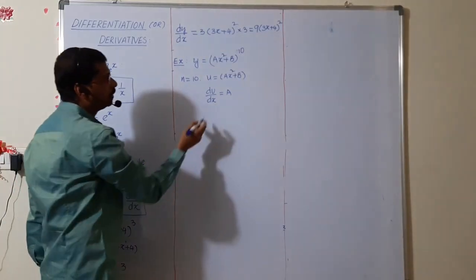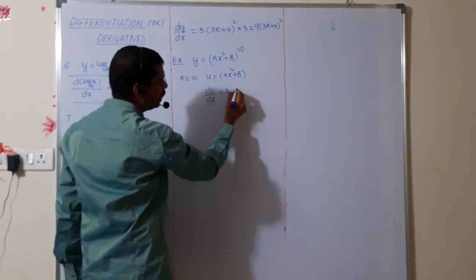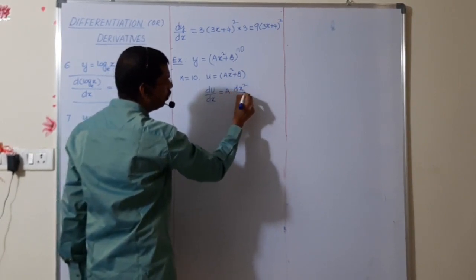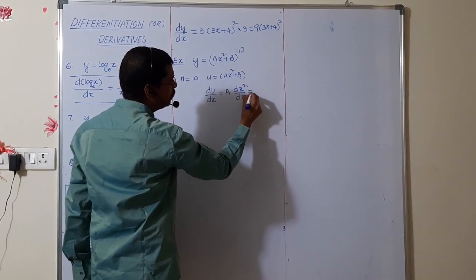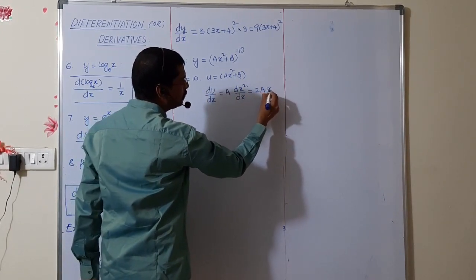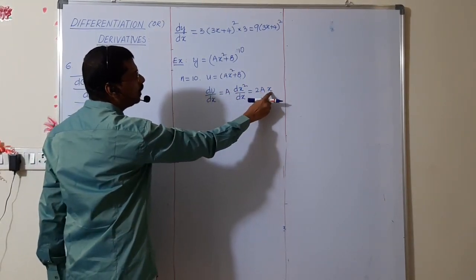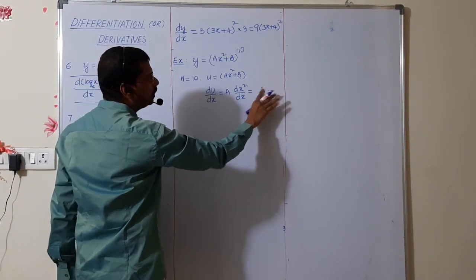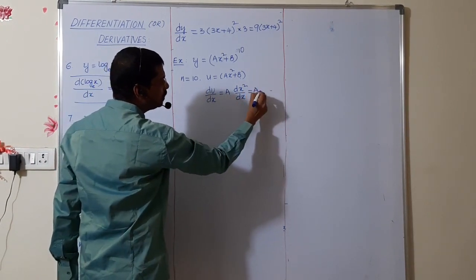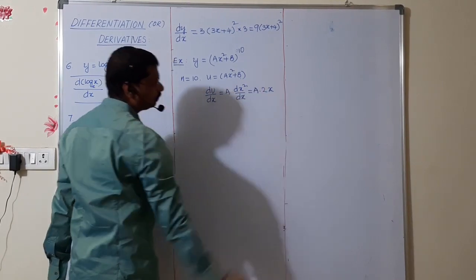Here x square is there, how can we solve? Here a is a constant, now d ax square upon dx. Now what is the value? The power 2, 2a into x. du upon dx value we are getting 2ax. Here a is as it is. Now the power 2 and 2 become 1.